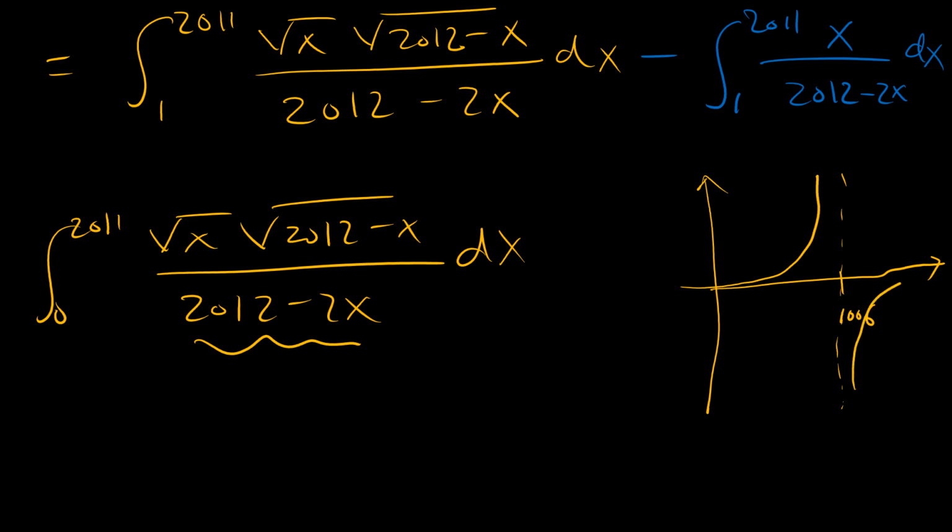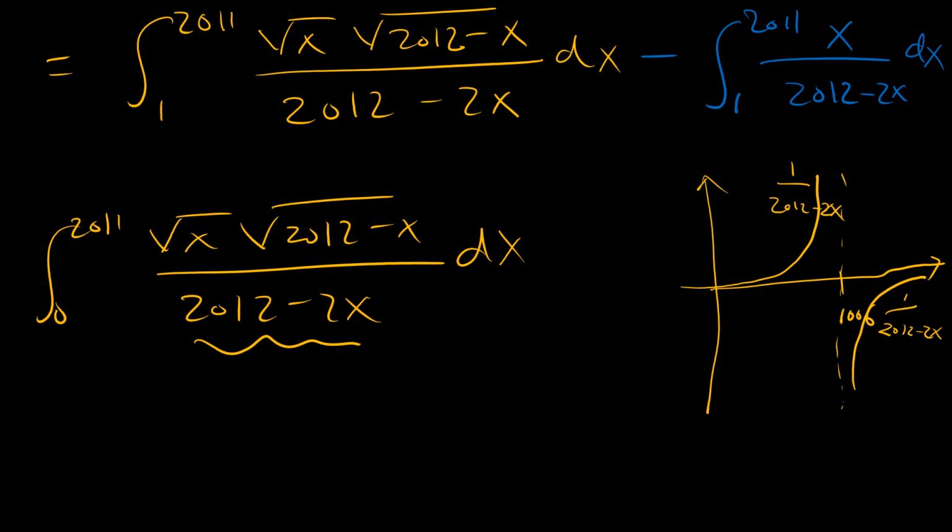And a function like that. This here is 1 over 2012 minus 2x, right? And the same thing here, 1 over 2012 minus 2x. Now, if we look at the numerator, sorry, rather. So the numerator here is going to be, at 0, we have 0, right?